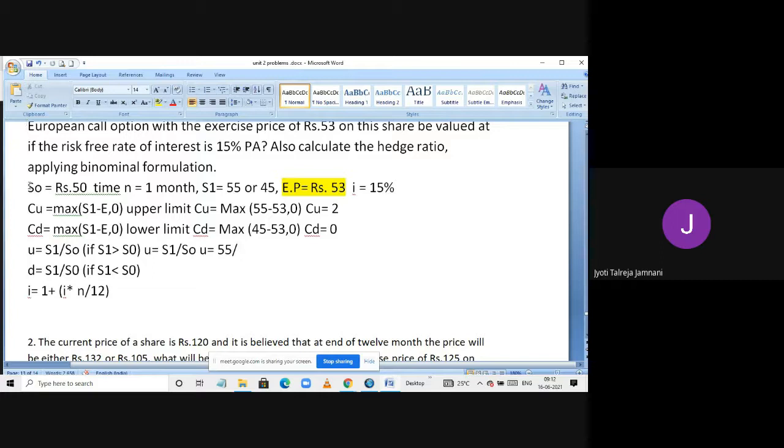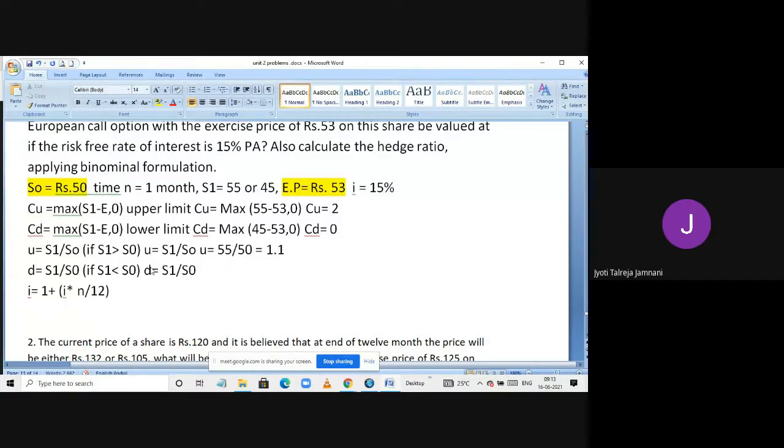S0 is the current share price, whatever the value it is today. The current share price is 50 rupees. So 55 divided by 50. Let's see how much you get. 1.1. Are you getting 1.1? Yes, ma'am.